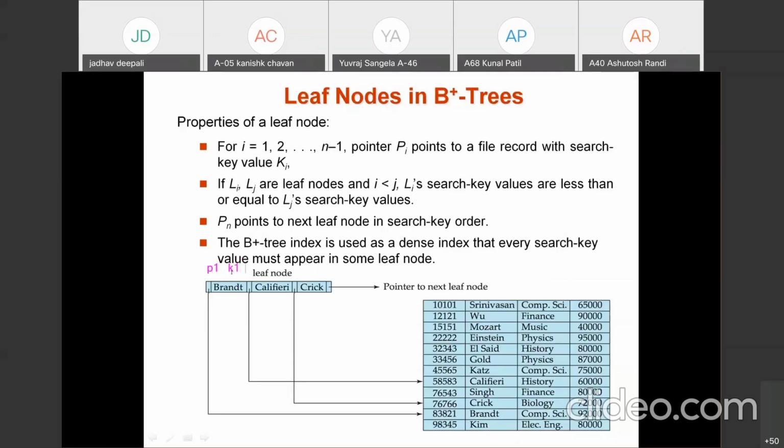This is pointer P2, this is search key K2. This is pointer P3, this is search key K3, and this is pointer P4.